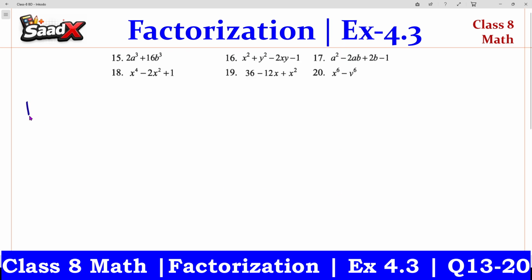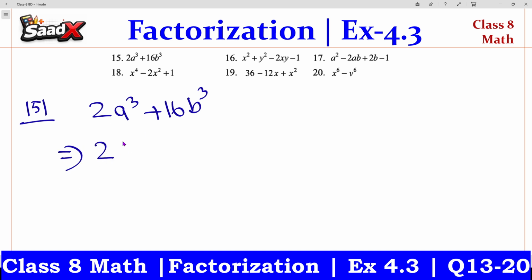Number 15. 2a cube plus 16b cube. I'm writing here a p cube, actually this one is a b cube. Now first we take common 2, so it will be a cube plus 8b cube.